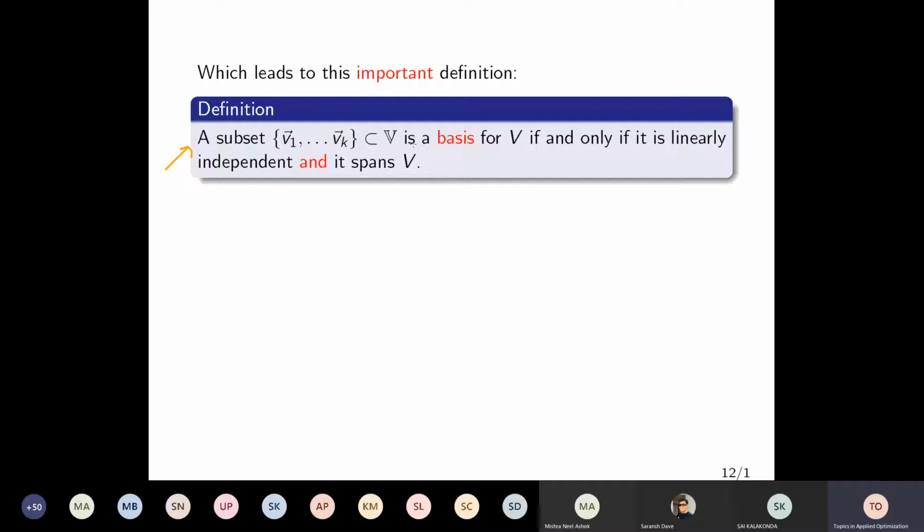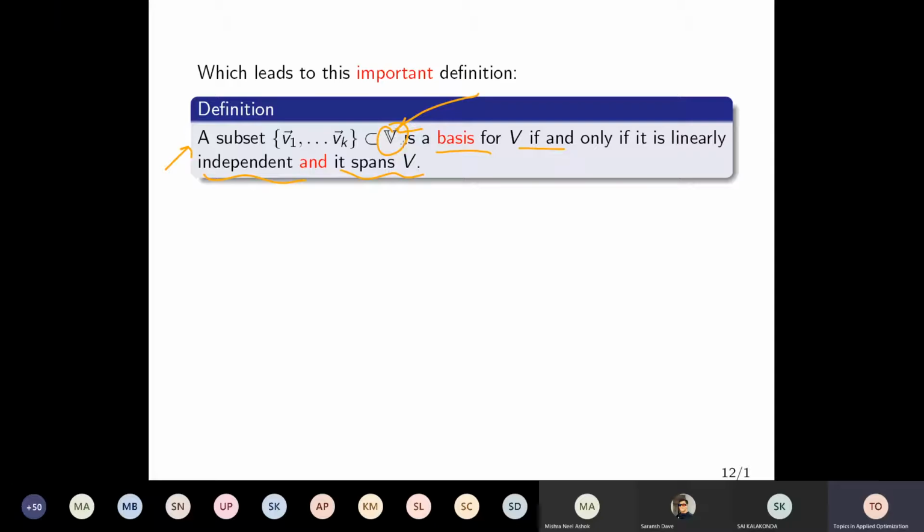A subset V1 to Vk is a basis for V if and only if it is linearly independent and it spans V. Right, so this is how the basis is defined. And another way to define a basis is as a maximal linearly independent set that you can find.